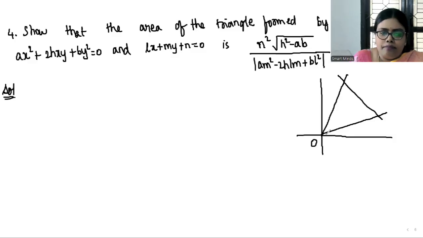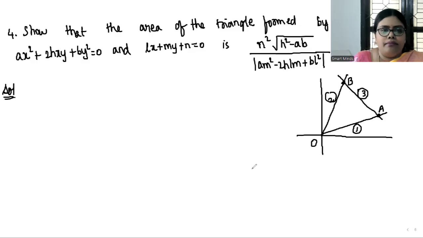This is origin. This is line number 1, line number 2, and this is line number 3. Where 1 and 3 are meeting, that is point A. And where 2 and 3 are meeting, that is point B. So this triangle OAB area we have to find out.